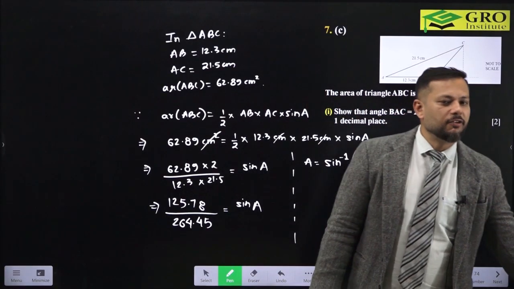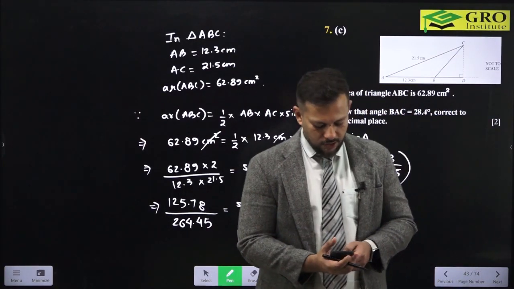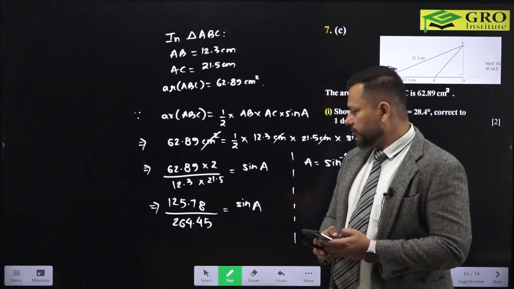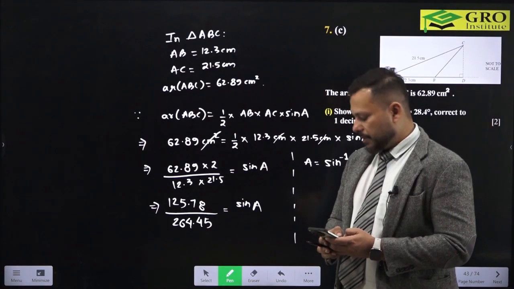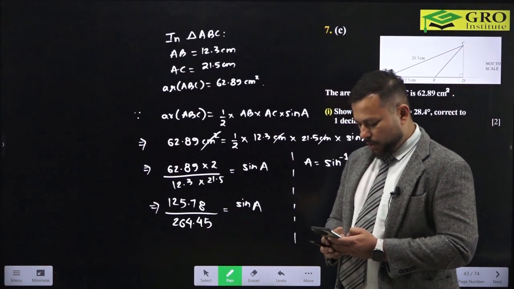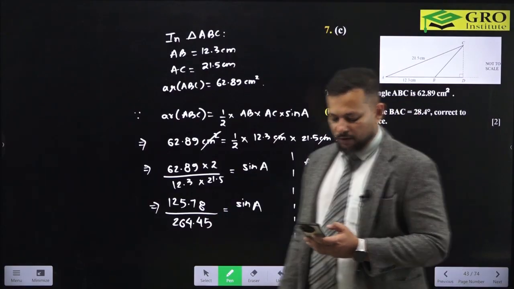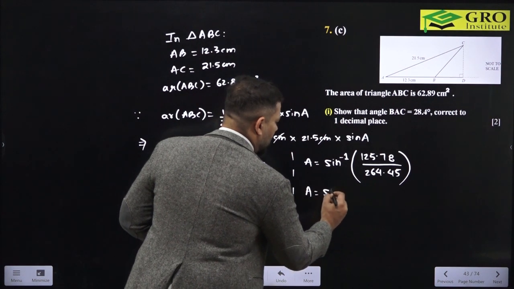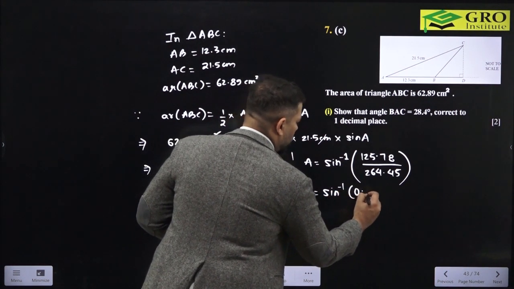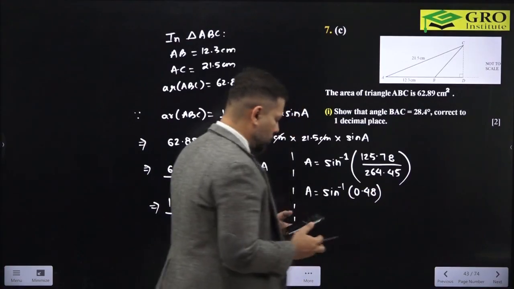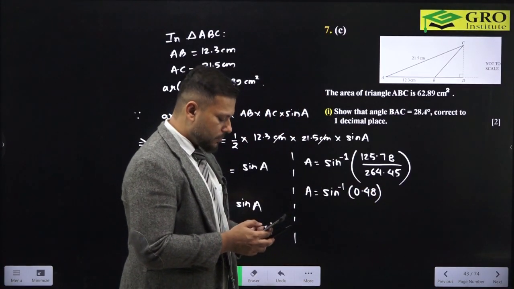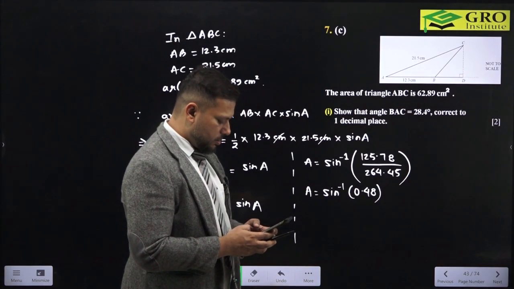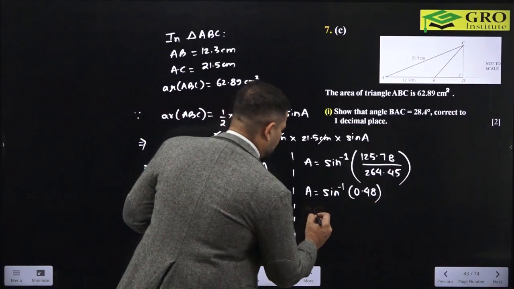We again are in the need of using our calculator. So here what would we find? Let us first find out the quotient of 125.78 divided by 264.45. So it is 0.48. So I am in the need of finding the inverse of 0.48, and let us quickly get the inverse of it. So the inverse of it would be 28.7.